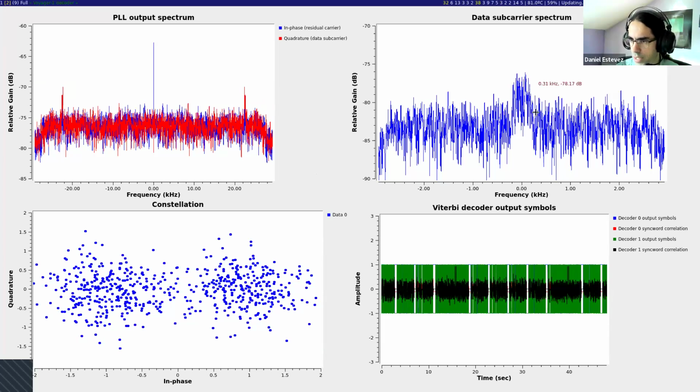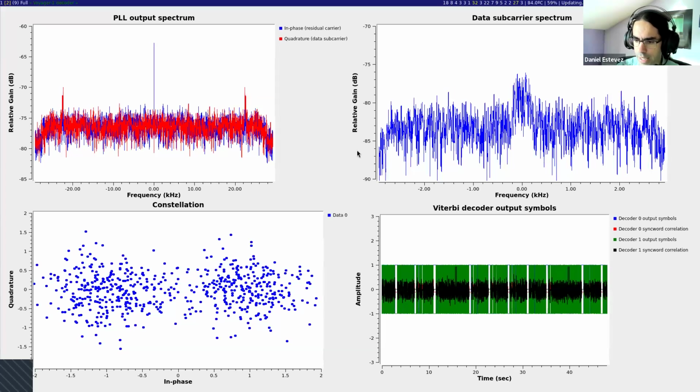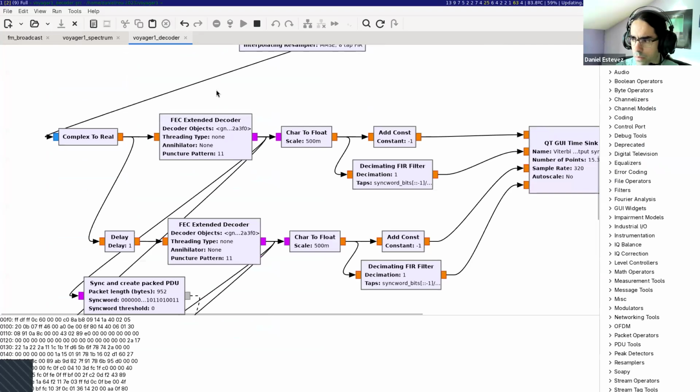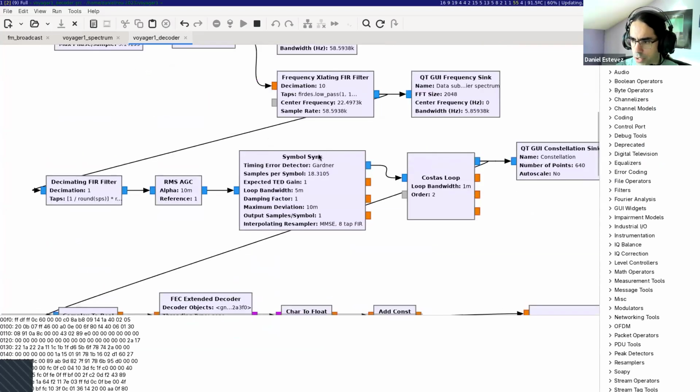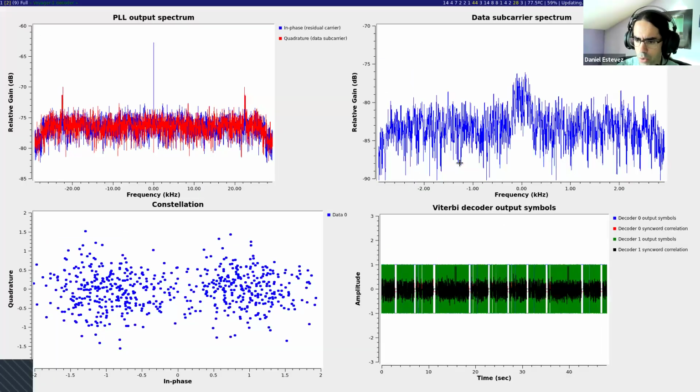We have just decimated to a few kilohertz. And then we are doing the symbol synchronization, a Costas loop to correct for any additional frequency offset we might have. And we are plotting what is known as the constellation of the signal.